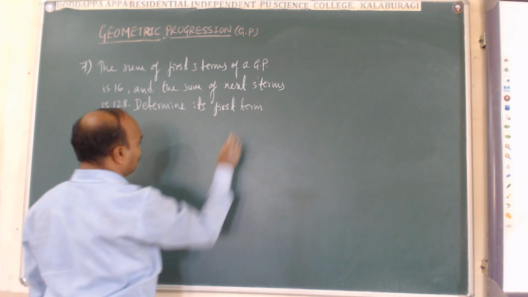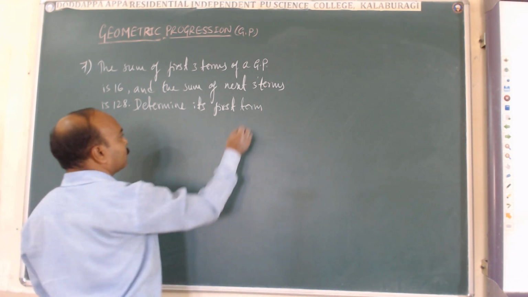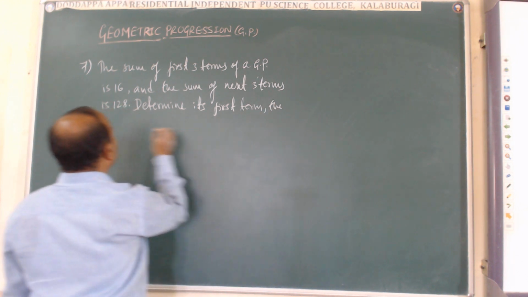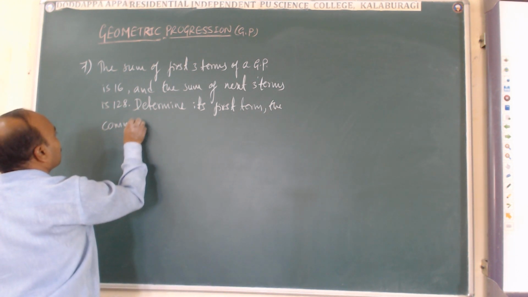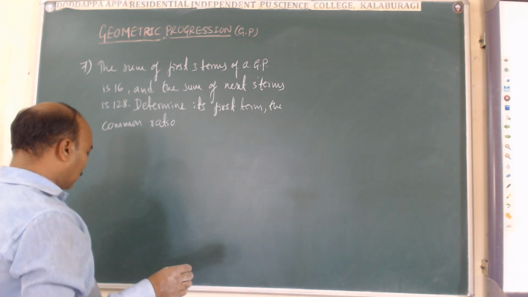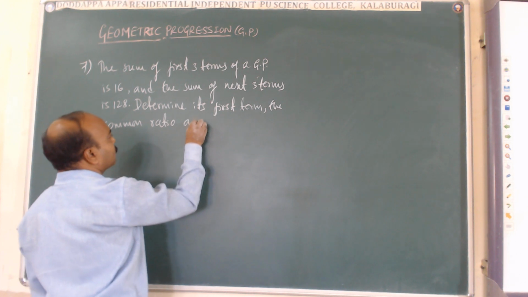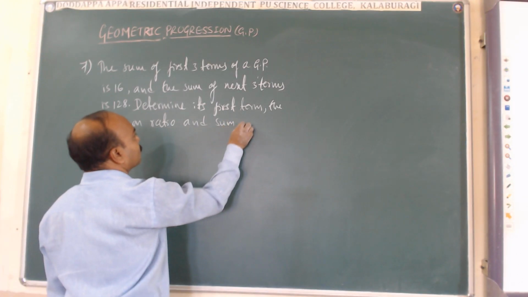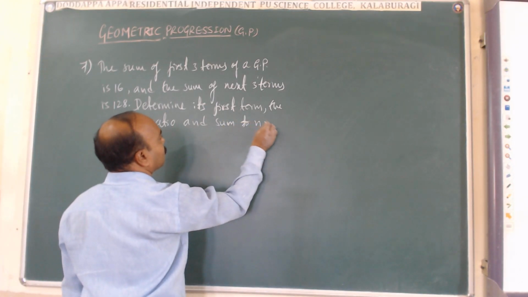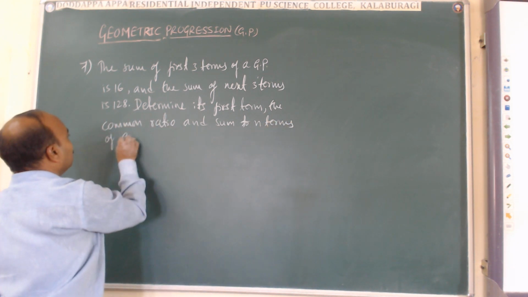Determine its first term, the common ratio and the sum to n terms of the GP.